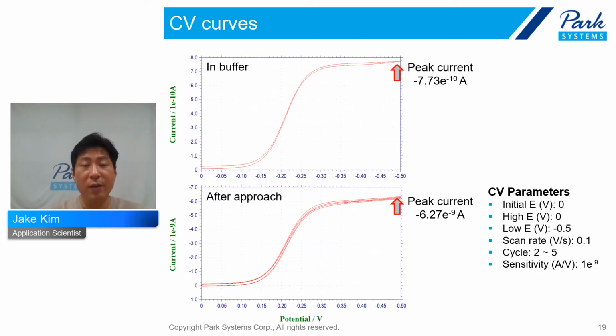As you can see on this slide, these are CV curves taken with the gold ring electrode in a bulk solution containing EC species, before and after approach. Starting from minus 0.15 volt, the reduction reaction takes place, and as the potential is ramped, at around minus 0.5 volt the EC reaction is diffusion controlled and a steady state current is reached.